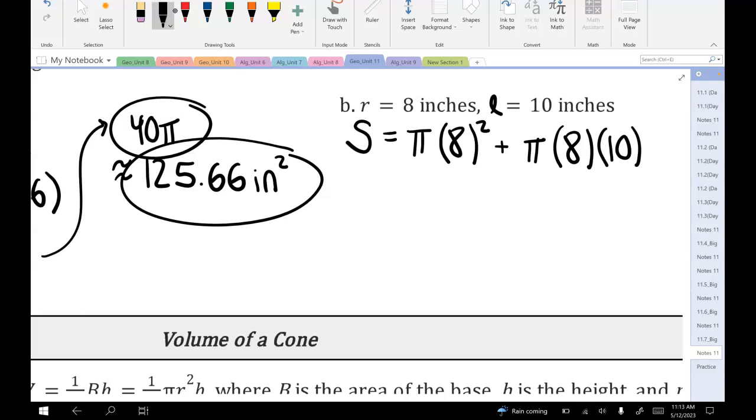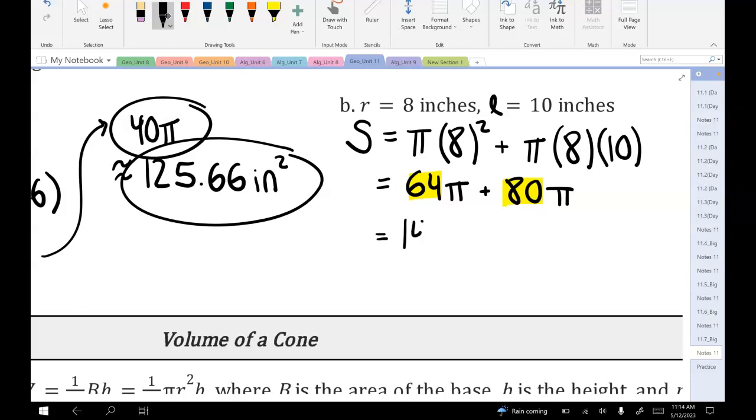8 squared is 64, so you have 64 pi plus 80 pi. That should give us 144 pi. Again, I'm combining, just adding 64 and 80 together.